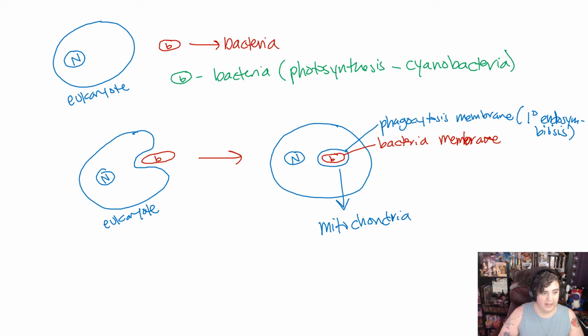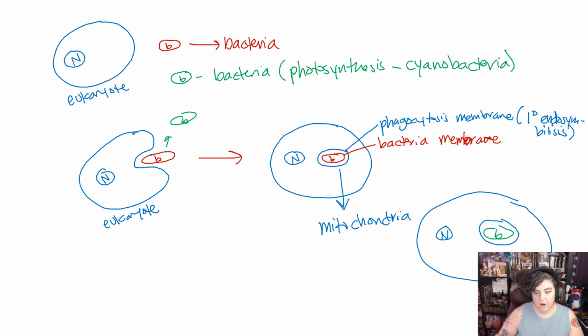And so in that case, this would be a green bacterium. And then we would have our green chloroplast, with our second layer, and our nucleus. So now this would be a chloroplast.